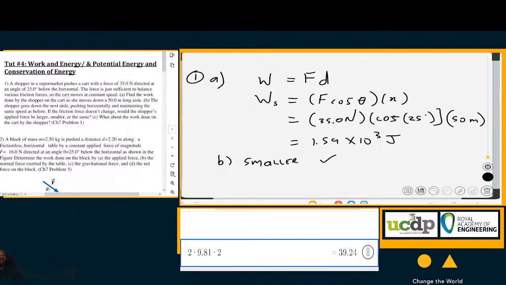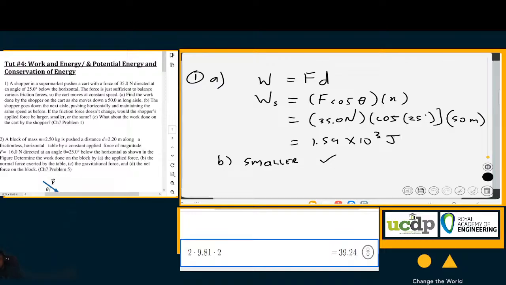But we remember we are still moving at a constant speed, which means since the force of friction is lower, the applied force to get that same speed is now lower. And that is why the applied force should be smaller.